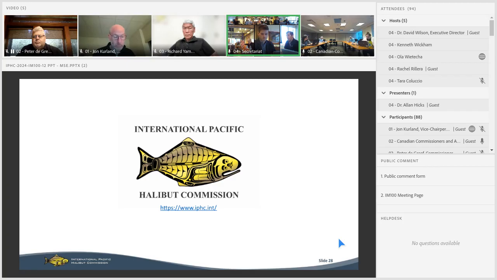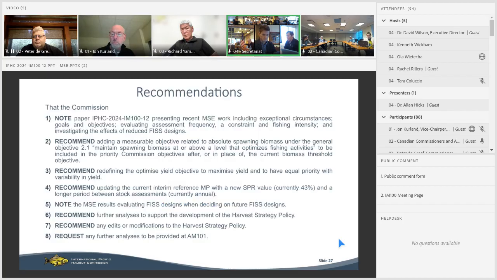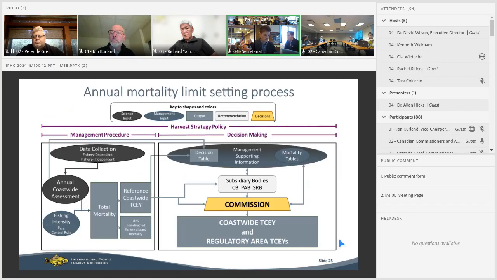The figure that I showed previously on the slides there is sort of the process, and that flexibility that the commission desires here in the decision-making process remains unchanged. So you would see a reference coast-wide TCY, and then you'd go into your deliberations and understanding what's happening in the different areas, and you'd say, oh wow, the 4CD&E fishery is just really struggling right now, we need to do something, and then you'd make your decisions based on that.